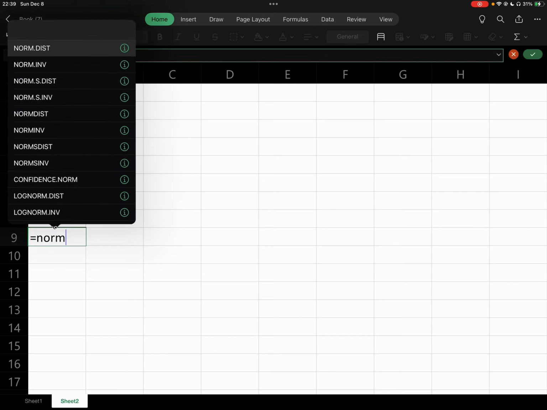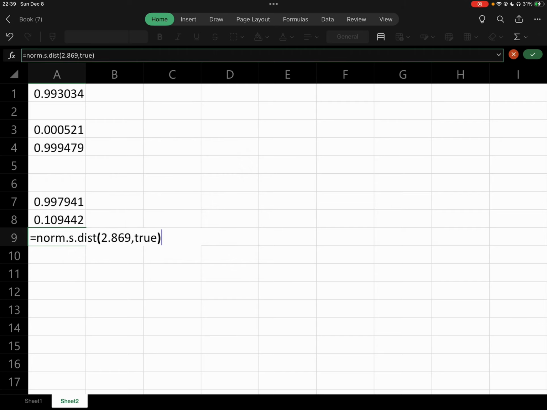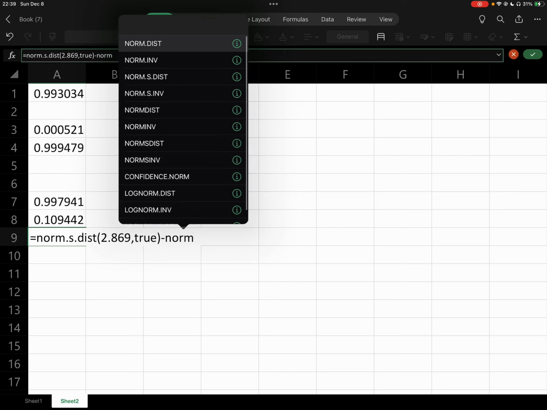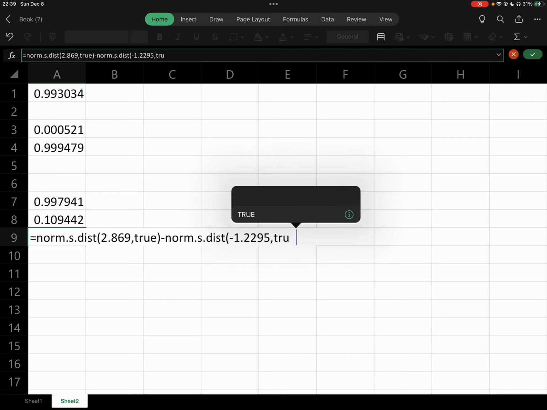So coming in here, norm.s.dist 2.869, comma, true. Close the parentheses, hit subtraction, norm.s.dist negative 1.2295, comma, true. So I have it typed out all in one line as opposed to the two separate lines.